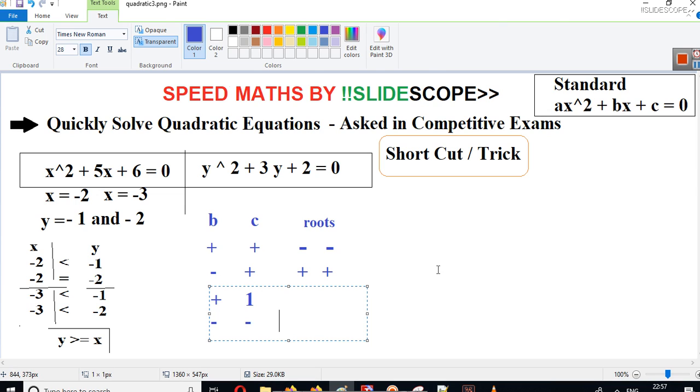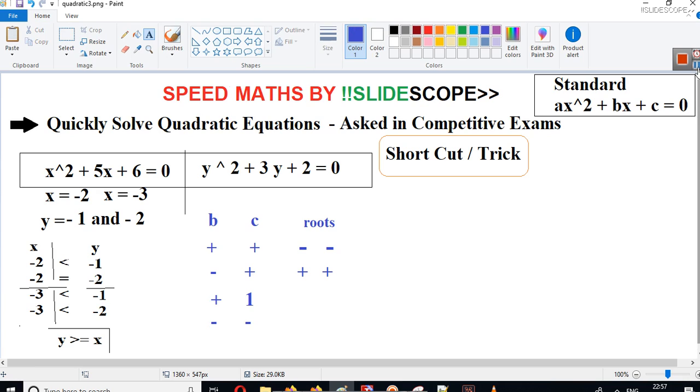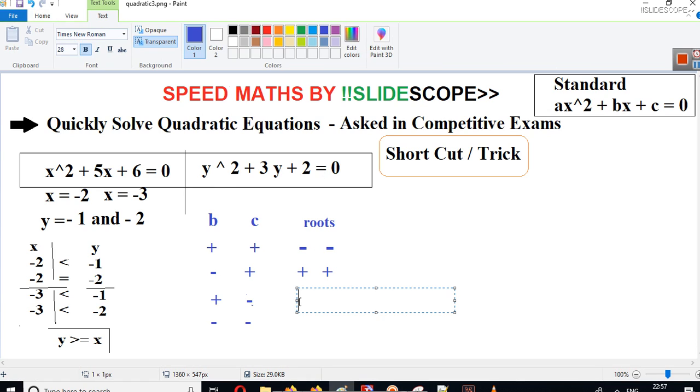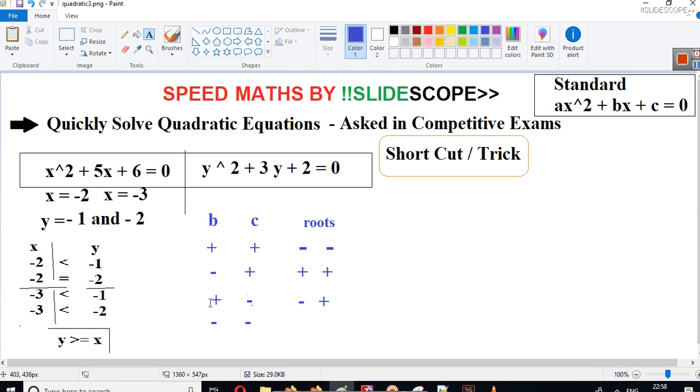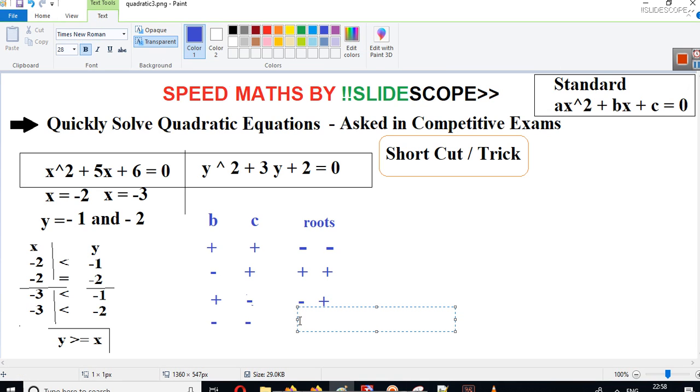So these will be our four conditions, and if B is positive, that means something like y square plus 3y minus 2, and C is negative, so you will get minus plus. So remembering this is really easy. Plus minus just reverse, minus plus, and for minus plus it will be just the reverse of this, plus and minus.